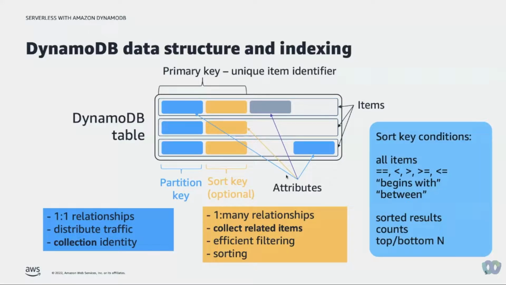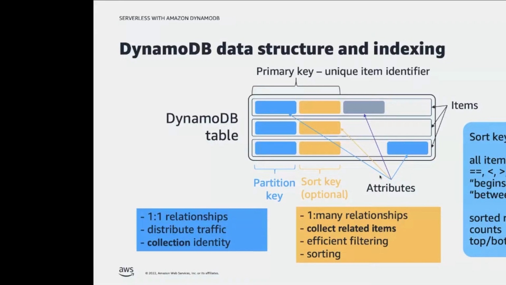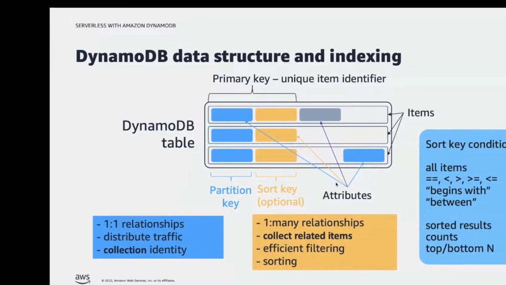So within that sort key, we can actually retrieve subsets of our collection. We can say we want all of the items in the collection. We want all of the items where the sort key is equal to a particular value, less than, greater than, effectively a range type of query. Begins with or between.